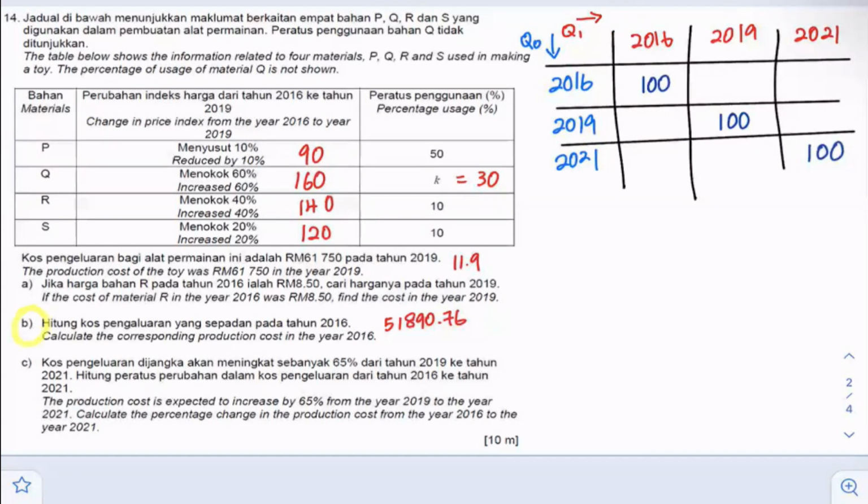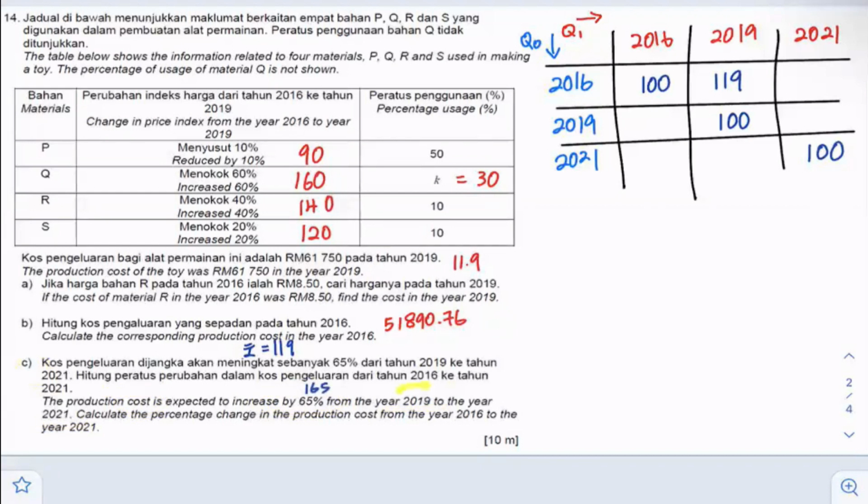And in question B just now, we already calculated the composite index is 119, which means 2019 over 2016 is 119. So when your Q1 equals 2019, your Q0 equals 2016, the index is 119. From C, we know that from 2019 to 2021, the cost is expected to increase by 65%, which means the index will be 165.